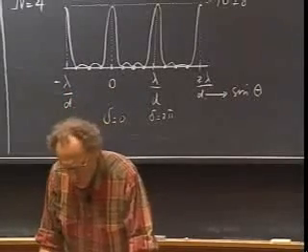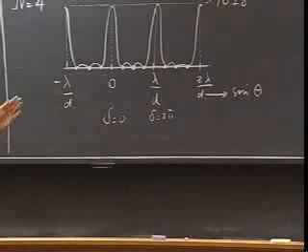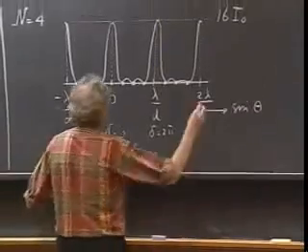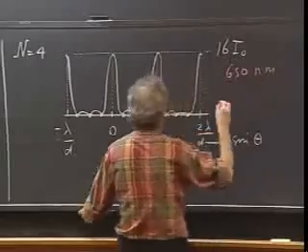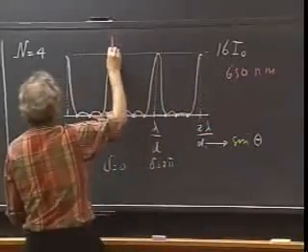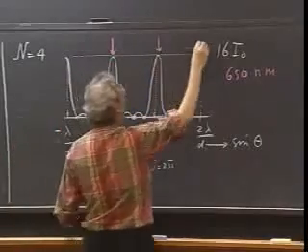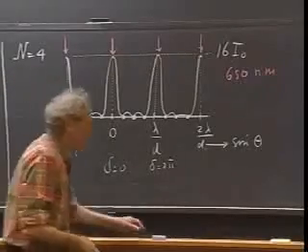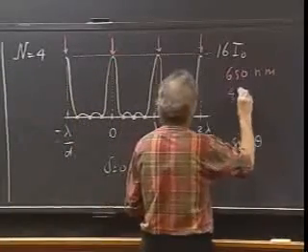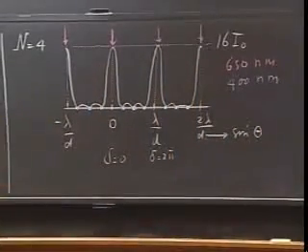I first want to show you, or at least draw your attention to the fact, that there is a wavelength-dependent lambda. And what that means is that if you take 650 nanometers, which is red, the red would have a maximum here, the red would have a maximum here, the red would have a maximum here, and the red would have a maximum there. But if now you have 400 nanometers, which is violet light, it would have a maximum at different locations.